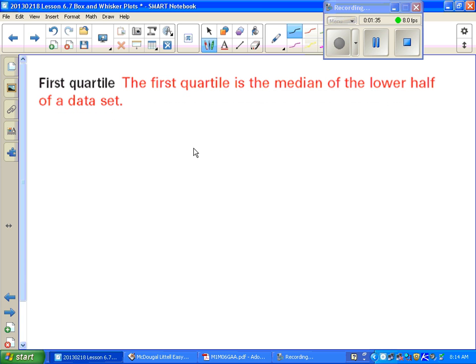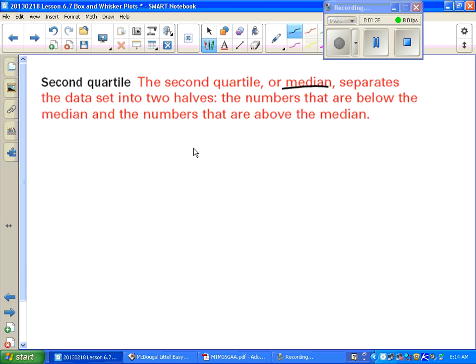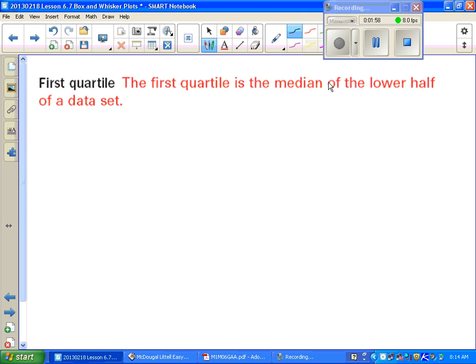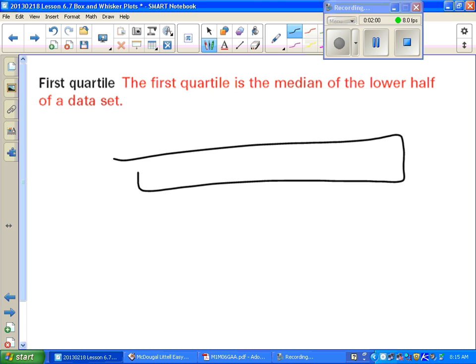First quartile is the median of the lower half of the data. So if you have a set of data that looks like this, for example, just where we don't have to put any numbers into it, your median, when it's in order, your median or your Q2 would cut it in half directly. That's your second quartile, Q2. Your first quartile, same set of data, our median cut it in half.